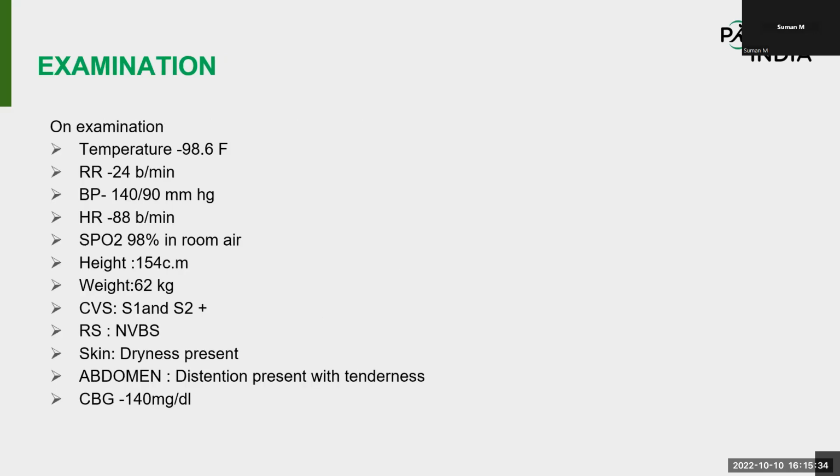On examination, patient temperature 98.6, respiration 24 per minute, BP 140/90, pulse rate 88, SpO2 98% at room air, height 154 centimeter, weight 62 kg.